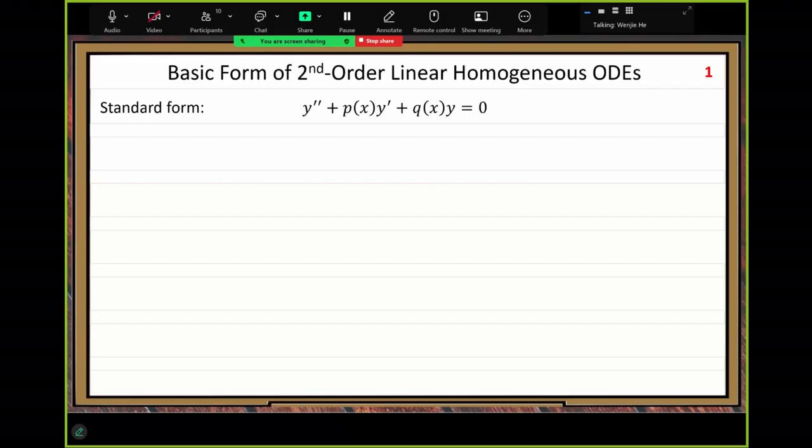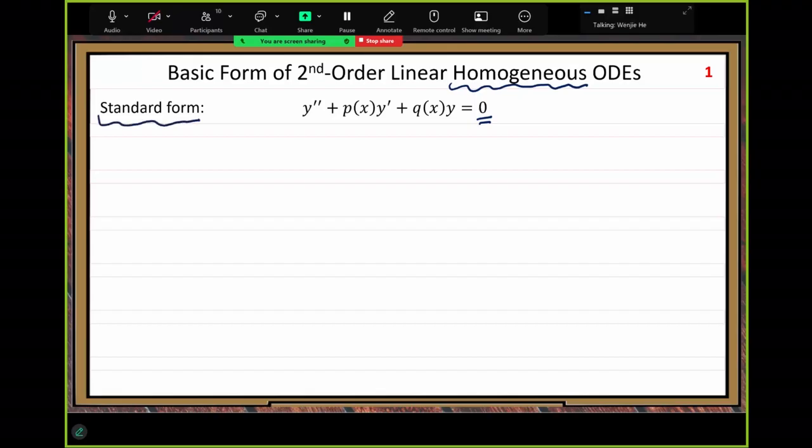Okay, all right. The right-hand side, you can see, is 0. That corresponds to the homogeneous version. By homogeneous, we mean the right-hand side is 0. On the left-hand side, you have a y double prime term, just a single y double prime, and its coefficient is 1 for the standard form.